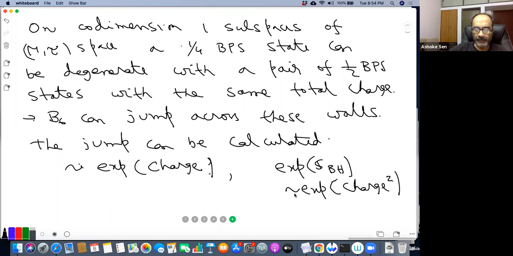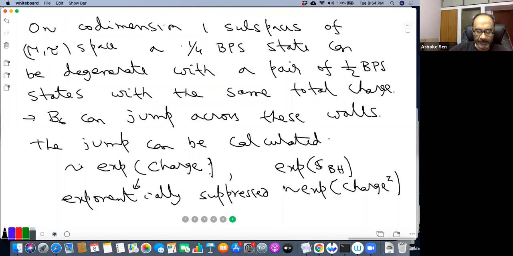So this is much smaller than this. In fact, this is exponentially suppressed. And so for understanding black hole entropy, this will not play any role, even though there is interesting mathematics behind this, and we may encounter some of these as we go along. So we'll pretend as if there is no jump because this jump is really tiny compared to the numbers that you are trying to calculate.